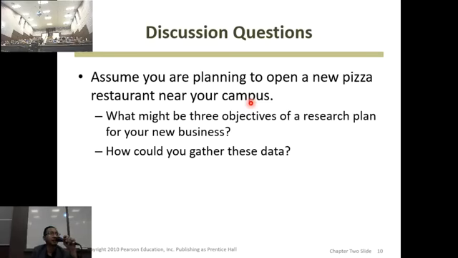Who will be the target market, right? And then the menu, the pizza menu, right? And then the price for your target market. Let's say, because you want to open it nearby your campus, your target is actually students, right?